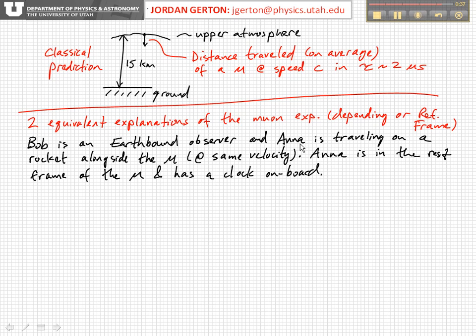Anna is an observer traveling on a rocket, and that rocket is moving alongside the muon at the same velocity. So it should be clear from that description that Anna is in the rest frame of the muon, and Anna also has a clock on board the rocket, so she can observe the time in the muon's rest frame, and Bob can observe Anna's clock, and we know from time dilation that that's going to be a different rate of time.